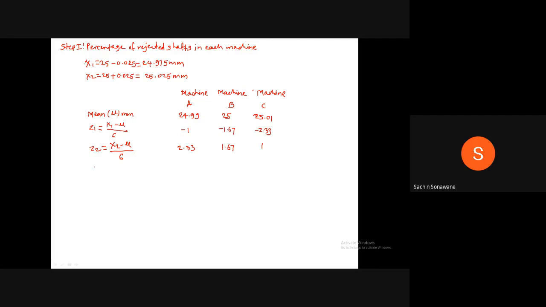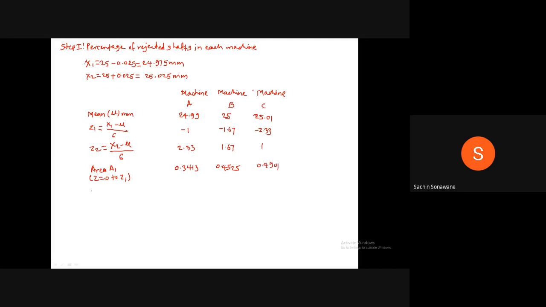Now area A1, area A1 for Z from 0 to Z1, which is equal to this area. We have to take it from that table. It is provided to you: 0.3413, 0.4525, 0.4901.